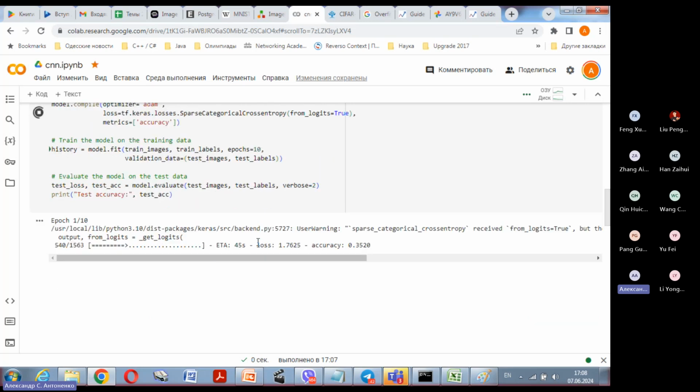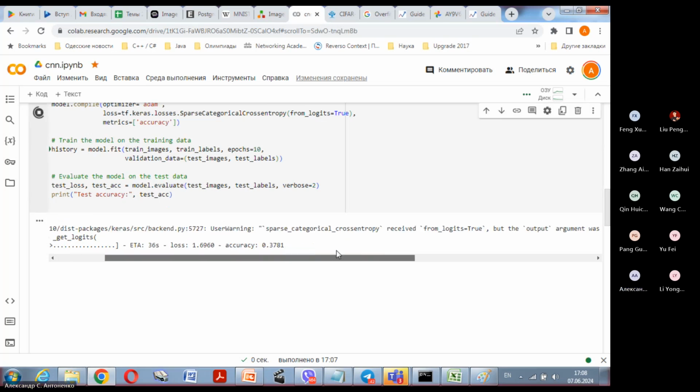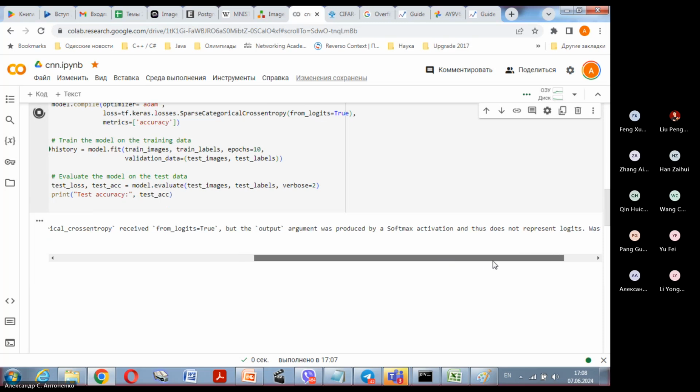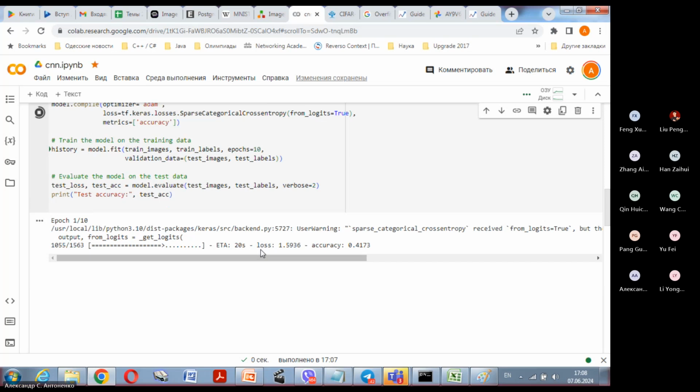So you can see that it's okay. I changed it a little bit, and maybe I didn't change it in the very best way, but it works.